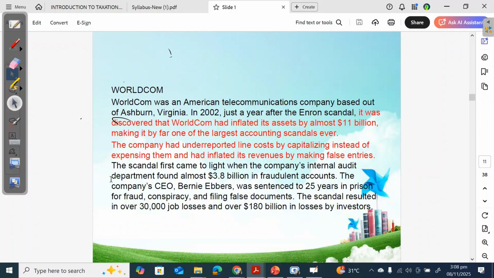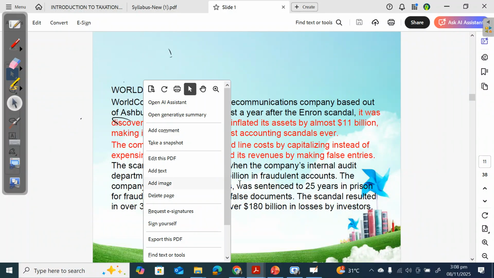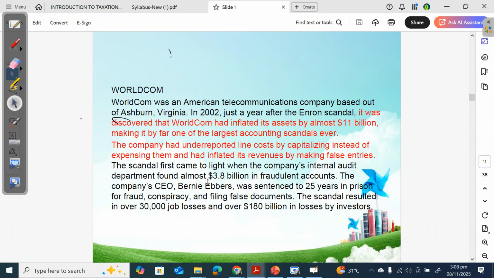For them, the scandal was discovered by their internal audit department, and the CEO was sentenced to 25 years in prison. It's not easy, 25 years, for fraud, conspiracy, and filing false documents.